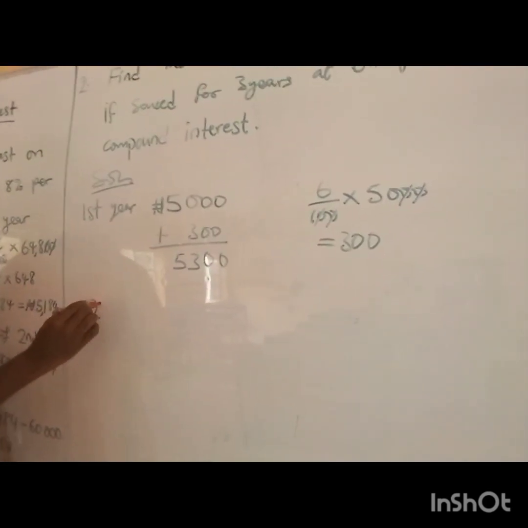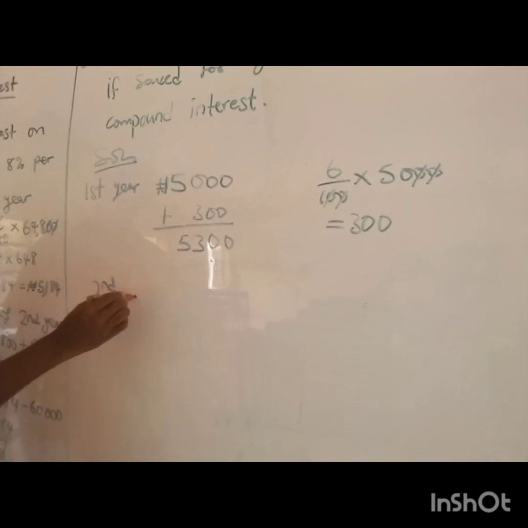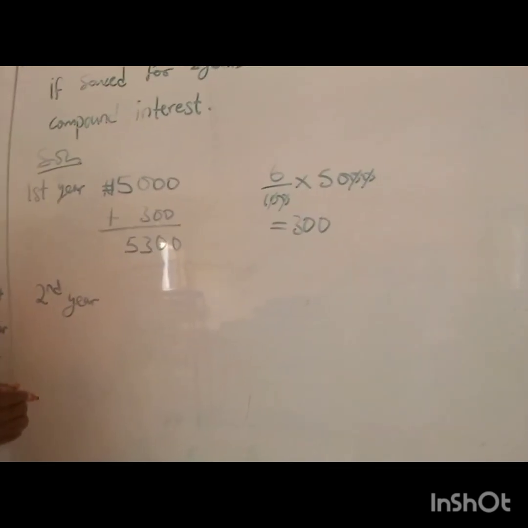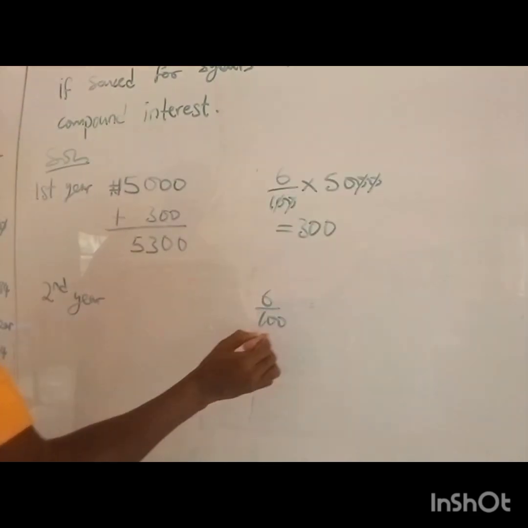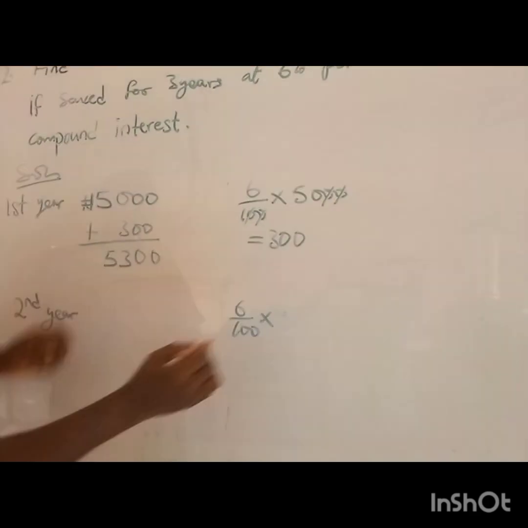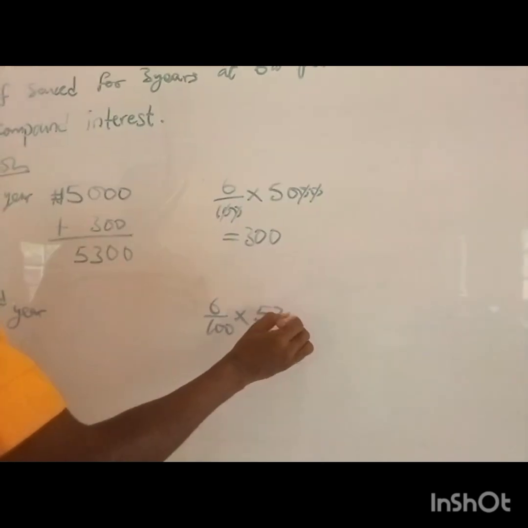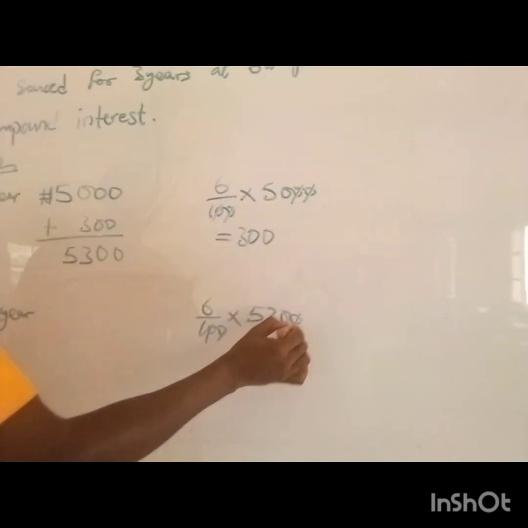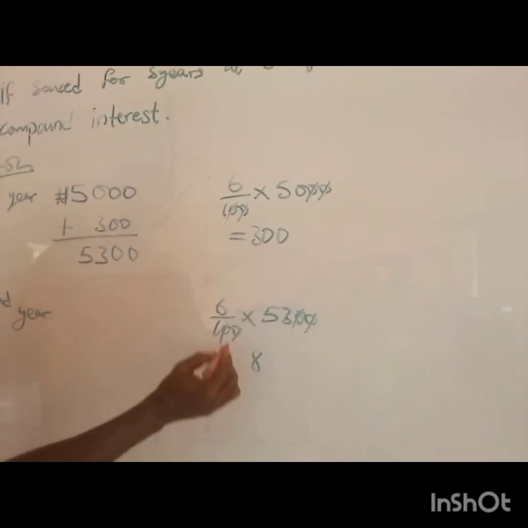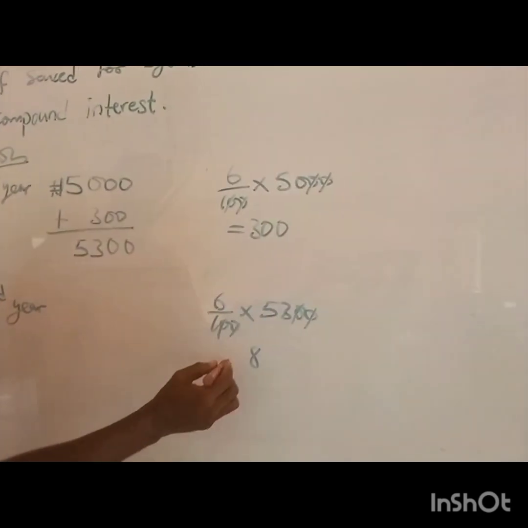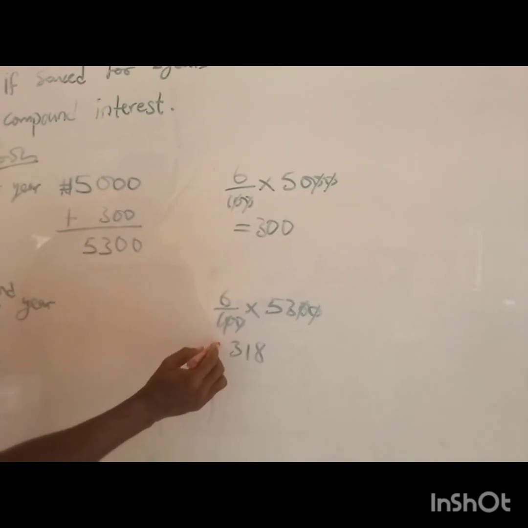At the end of the second year, we take 6% as well of 5,300. So we have 6 times 3, 18. 6 times 5, 30 plus 1, 31.